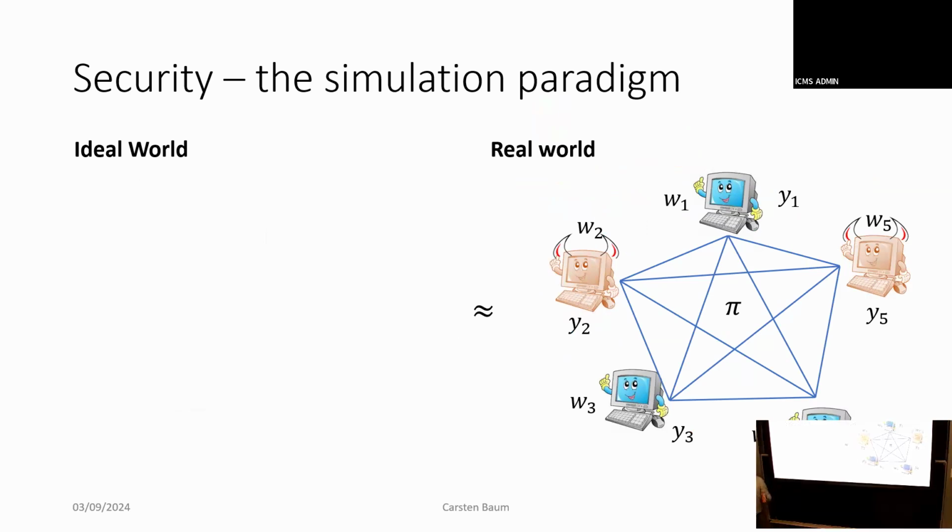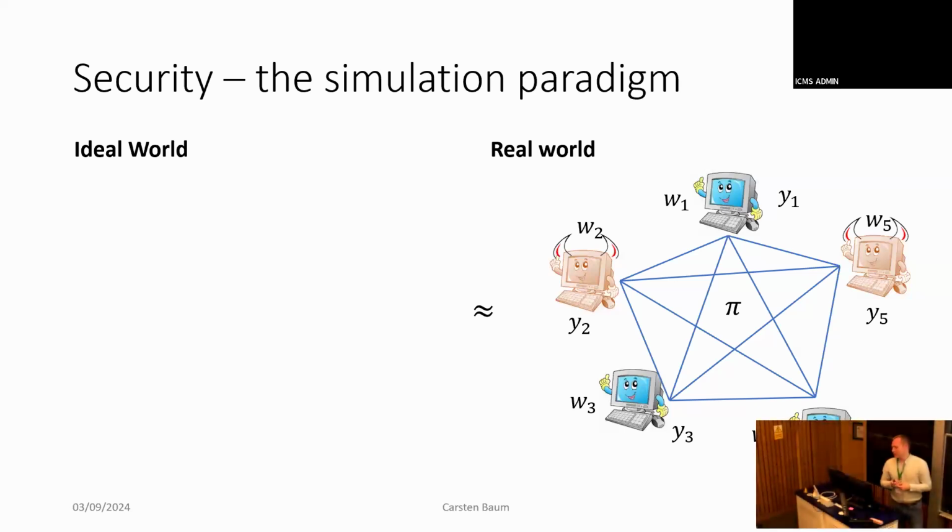For example, for zero knowledge, one world where you have the witness as the prover, and the other world where you're simulating everything without the witness. Here we argue security as a similar simulation experiment. On one hand, we have the real world: there are honest parties and dishonest parties, they run an MPC protocol, and in the end they get outputs.